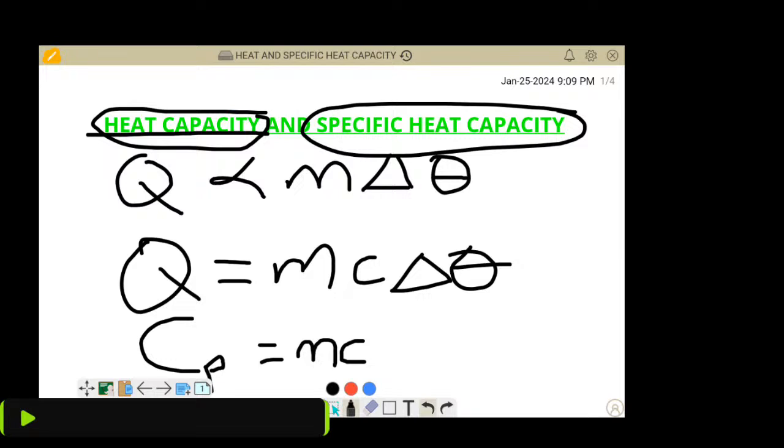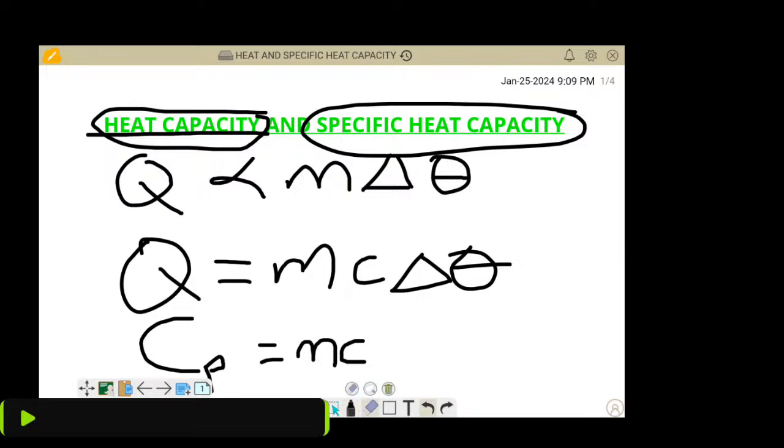Let me take that again. Specific heat capacity of a body is defined as the quantity of heat required to raise the temperature of a unit mass of a body by 1 degree Celsius or 1 Kelvin. That is what specific heat capacity of a body is.